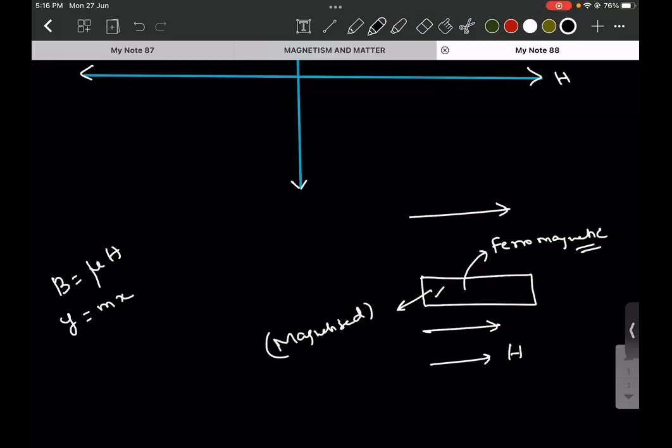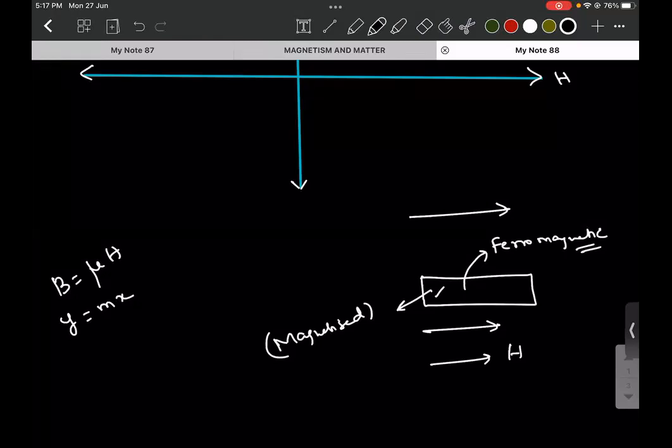It tells us that the magnetic induction is directly proportional to the magnetizing field intensity. As you keep increasing the magnetizing field intensity from 0 to 1, magnetic induction should also increase in proportion, depending on the value of mu. With an increase of x in the value of H, there will be an increase of mx in y. That is the meaning of it.